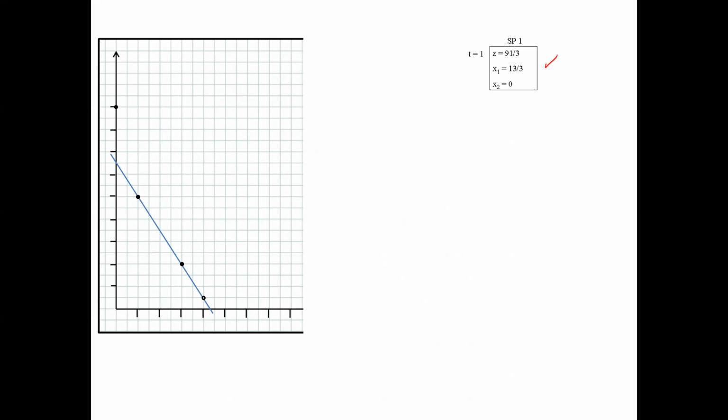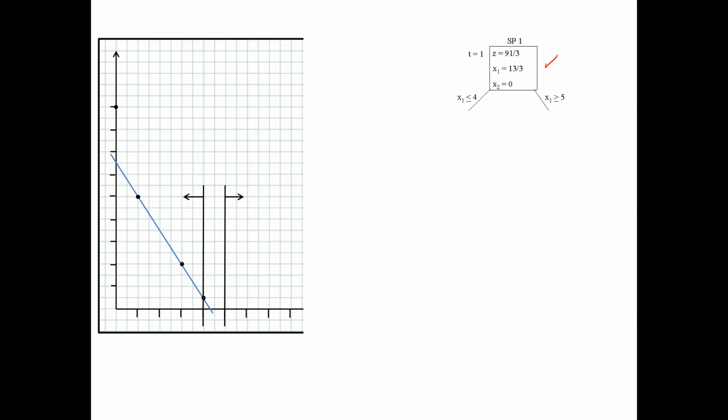We are going to branch on x1. The two integers closest to x1 equals 13/3 are x1 less than or equal to 4 and x1 greater or equal to 5. So we are going to branch on both of those.